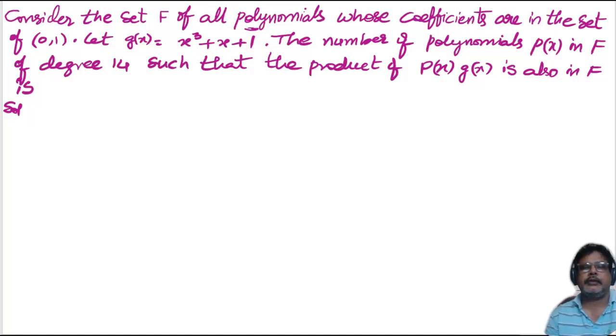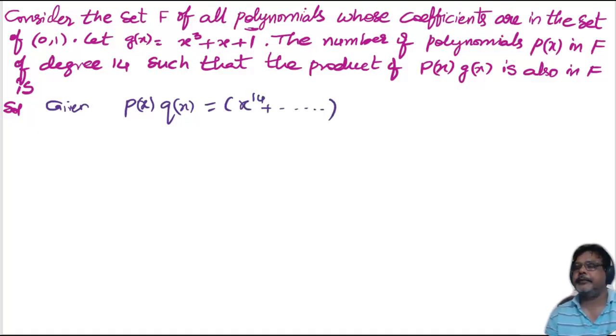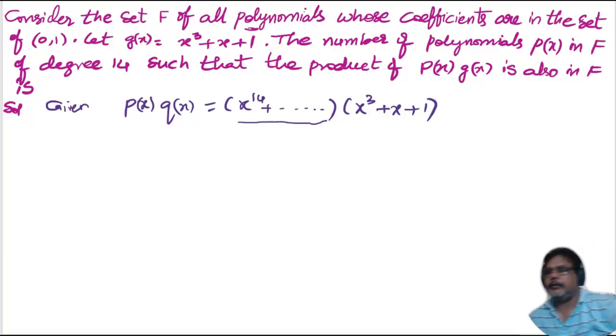So what is given first of all: P(x) times Q(x) is equal to x power 14 plus some polynomial, times x cube plus x plus 1. We have to find the number of such polynomials.